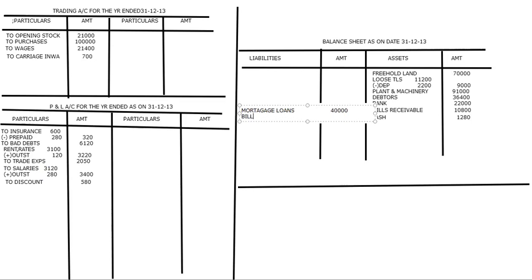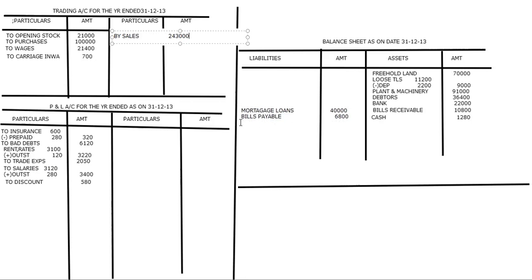Next is bills payable. Then sales comes here, no? 43,000. Here also we don't have returns. That's why I'm taking directly in the outer column.